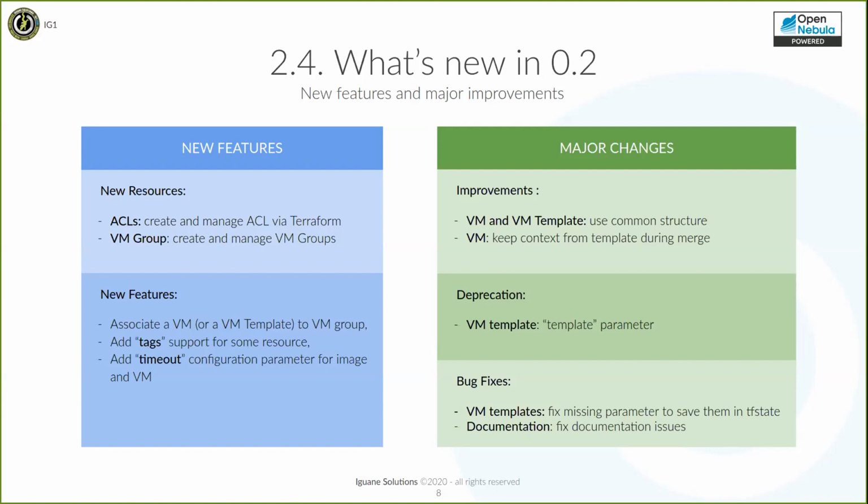It's very useful to manage affinity on your cluster. And also we added some interesting features. Thanks to the VM group resource, you can now associate a VM to a VM group to manage affinity during the deployment.